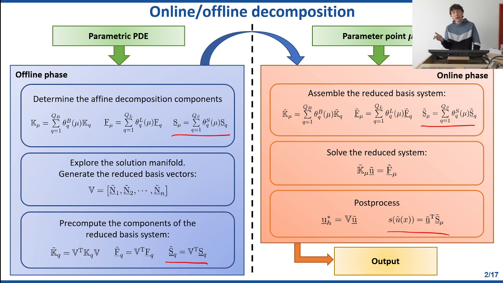The left-hand side of a weak formulation is the bilinear form, the right-hand side is the linear form. And what is a linear form? A linear form is precisely a functional. A linear form is a form that takes in a function and spits out one number. So this is a functional, and that's precisely also what our output should do. Our output should take our solution and spit out a number.